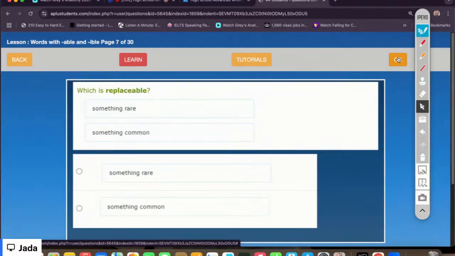Okay. So which is replaceable? Something rare or something common?